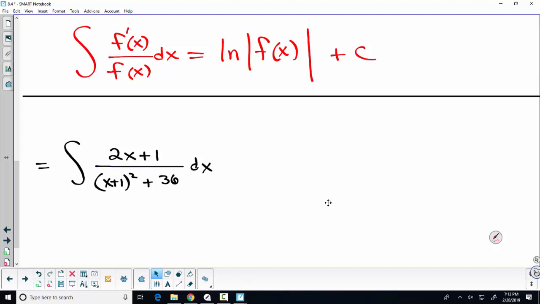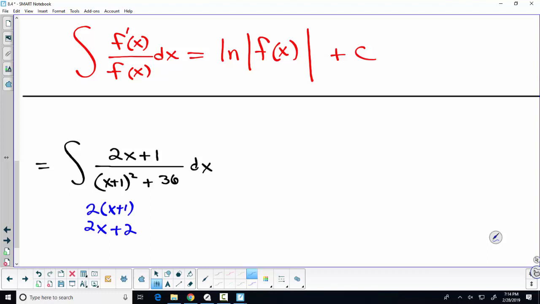So try to look at this in a different way. Someone mentioned, didn't you mention that this was almost the derivative of the top? So the derivative here on the bottom is 2 times x plus 1 to the first times 1 plus 0, right? So that's the derivative of the top, is 2x plus 2, right?